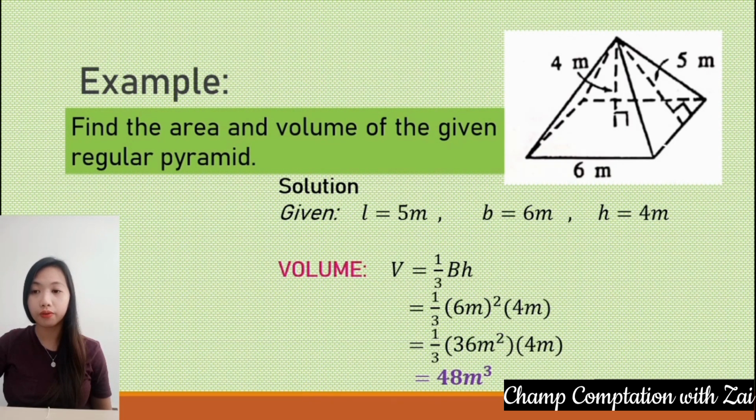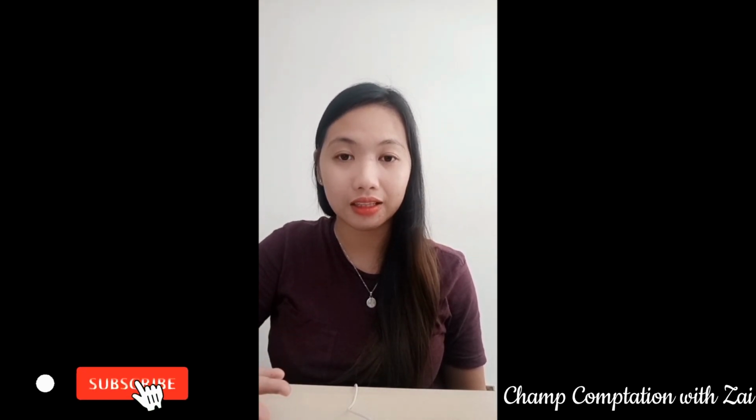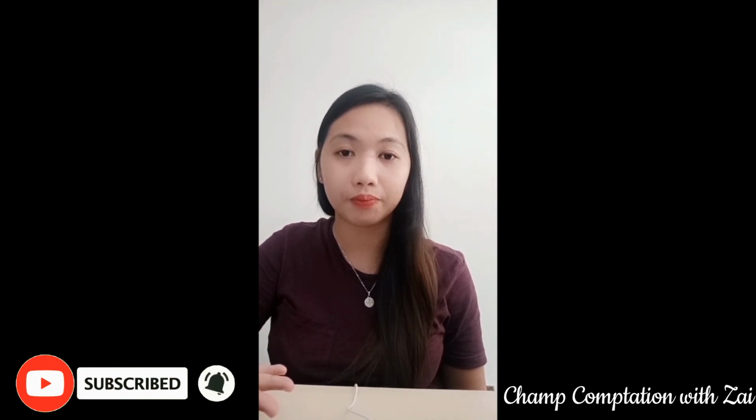Therefore the volume is 48 cubic meters. So that's how easy it is to compute the area and volume of a pyramid, when the given values are already stated in the figure.